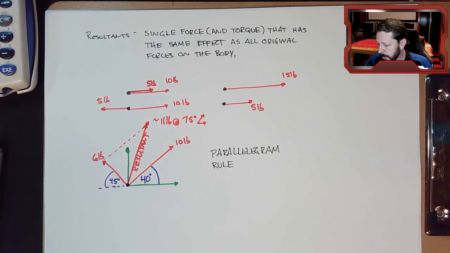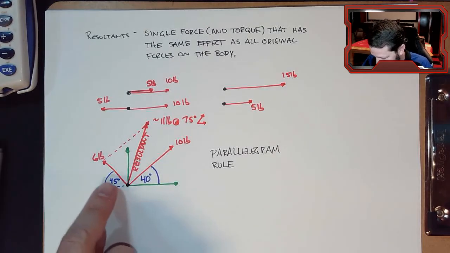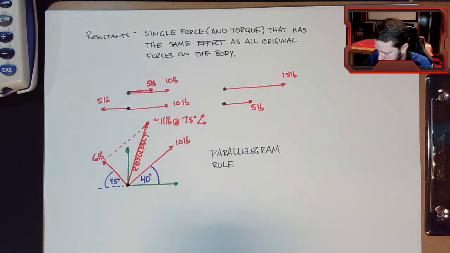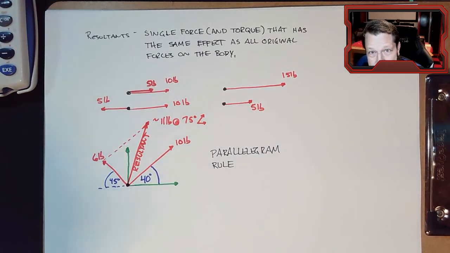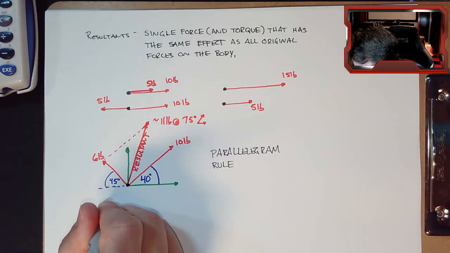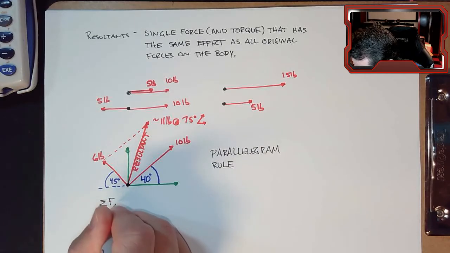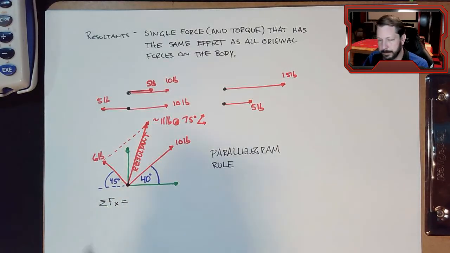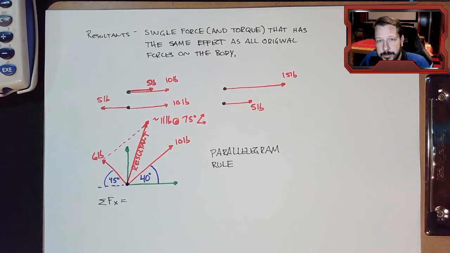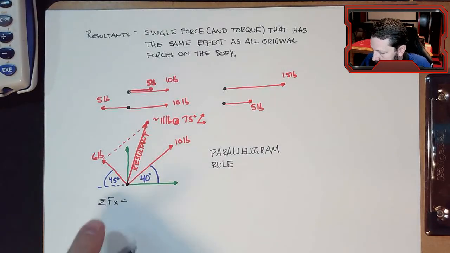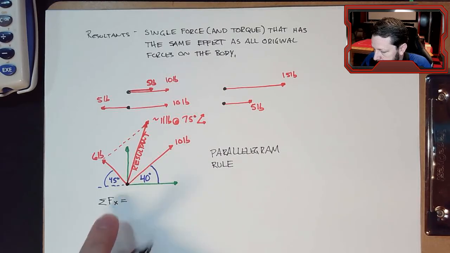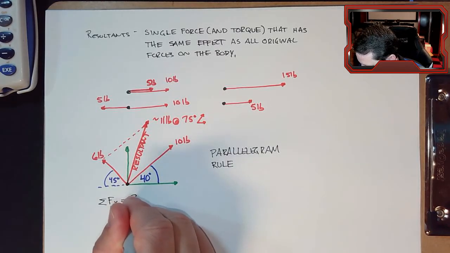So it gives me a way to approximate the resultant, but it also gives me a way to check my answer. Because if I really wanted to solve for this resultant, I do the same thing I did last time with the summation of forces in the x direction equals, but last time I put that they equal 0 because it was in static equilibrium, everything balanced. Now the summation of forces in the x direction just equals the x component of the resultant.